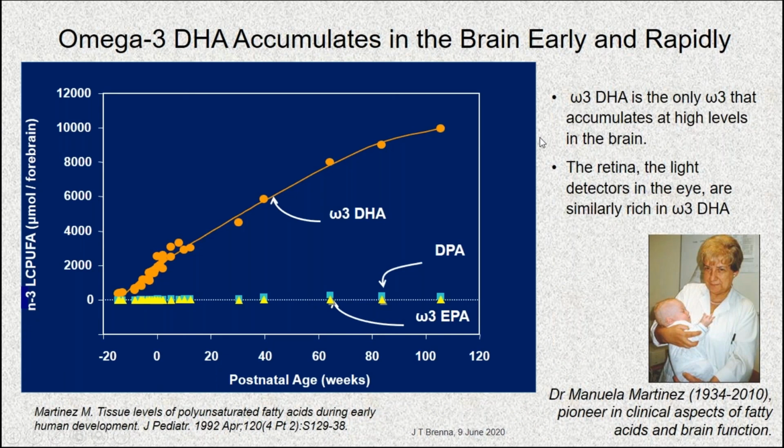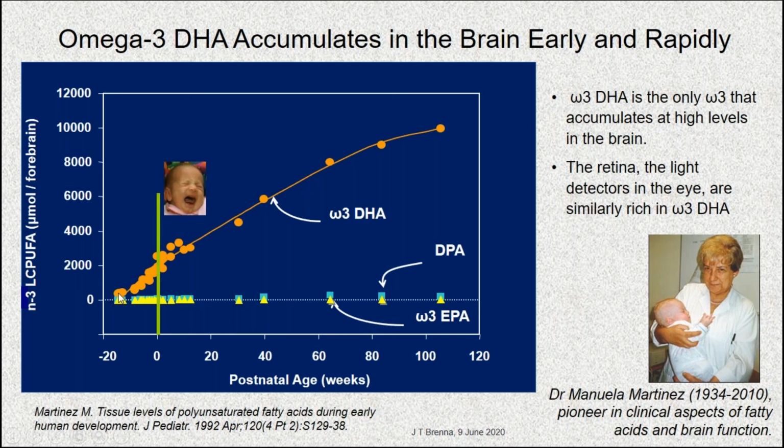I'll show you a couple of slides now that refer to the accumulation of DHA in the brain, and I've already told you that DHA doesn't get to the same levels in the brain if it is not in the diet. Here are data that show you the actual kinetics of DHA arriving in the brain.